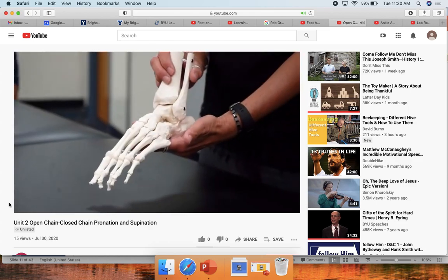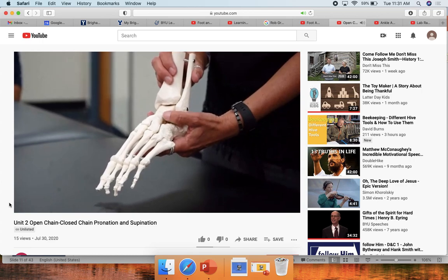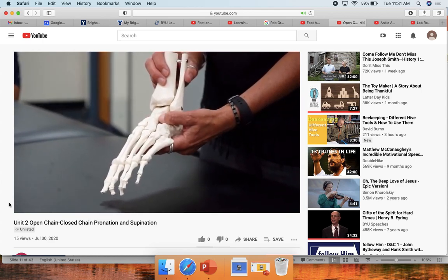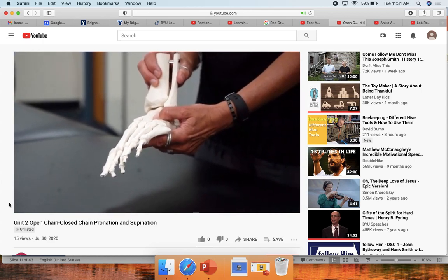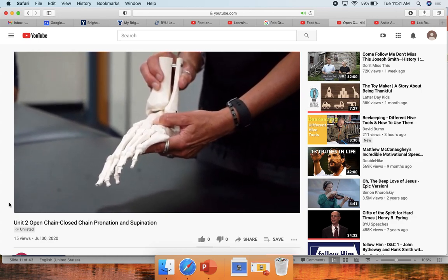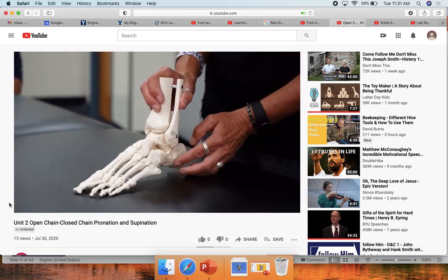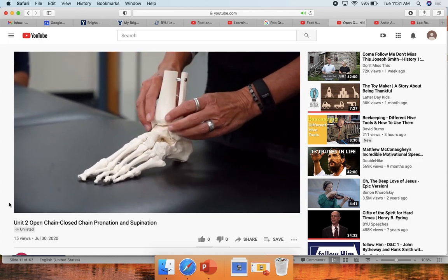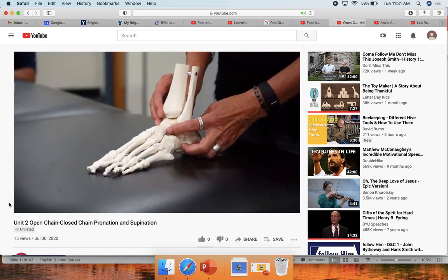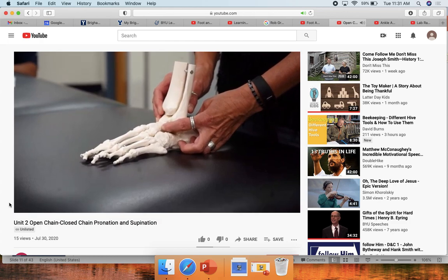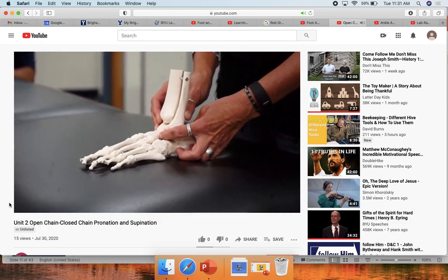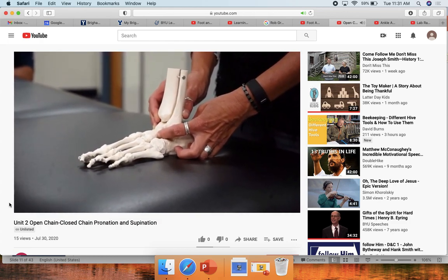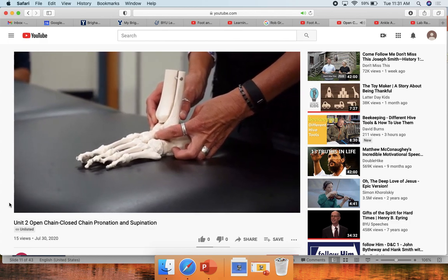In open chain pronation, the talus has to abduct, dorsiflex, and the calcaneus has to evert. In order to mimic that, in closed chain, the tibia internally rotates, taking the talus with it, but now we call it adduction of the talus, and plantar flexion. The calcaneus still does eversion.